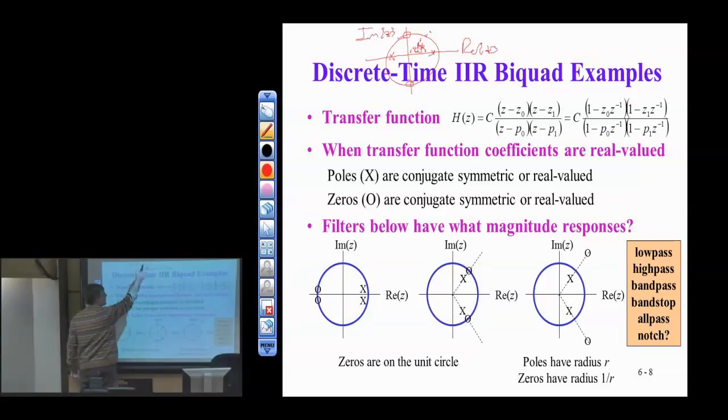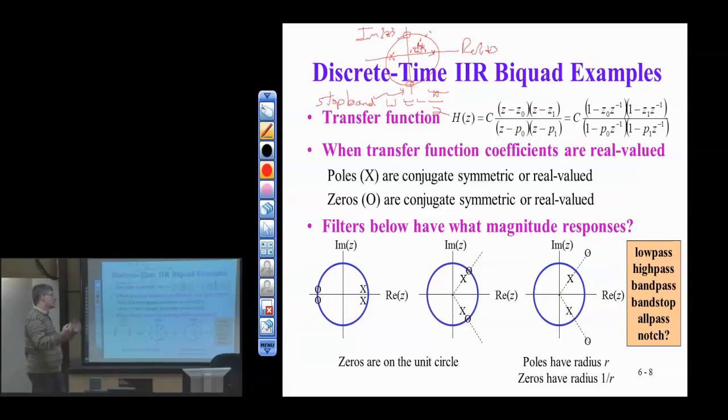I have a stop band at pi over 2 radians per sample, and a stop band at minus pi over 2. The zero location tells us the stop band frequency, and the pole location tells me I have a passband at 0 and pi radians per sample. Both poles are now real valued, a very useful band stop filter.